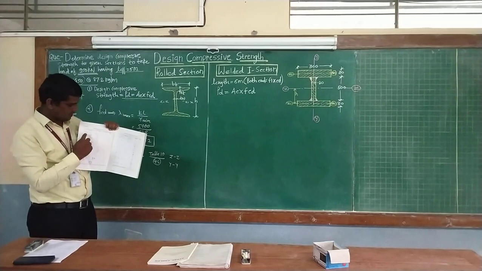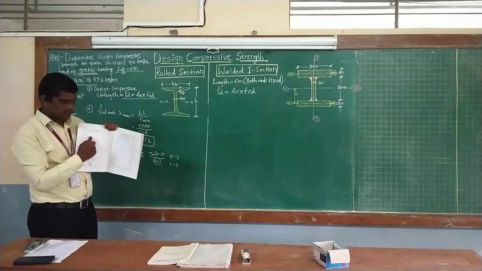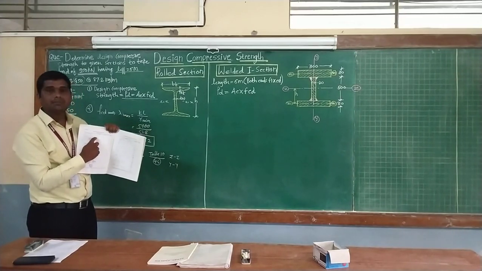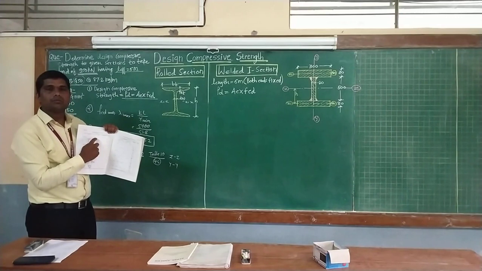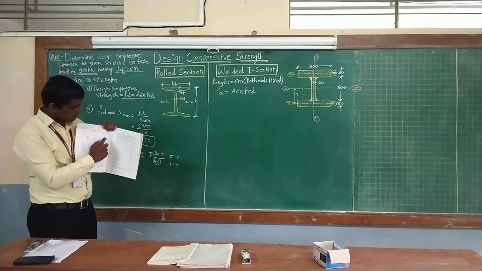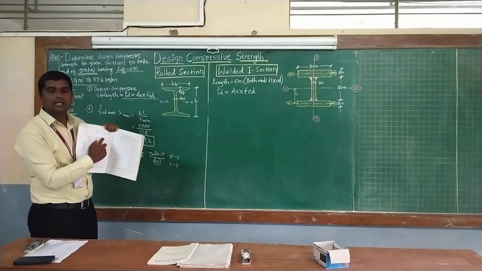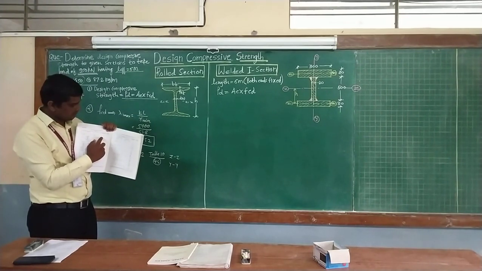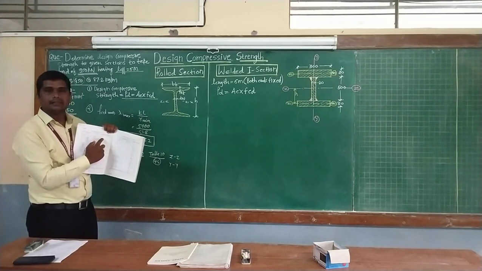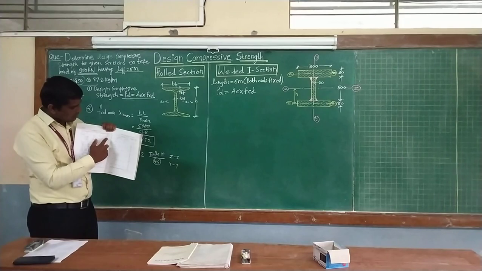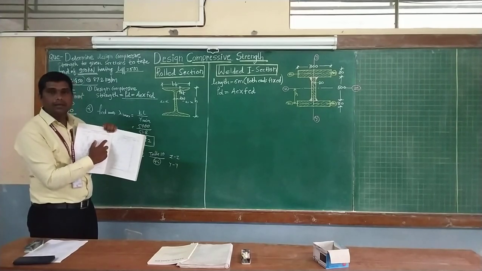Go through the first one, rolled steel I section. The first ratio is h by bf. This ratio must be greater than 1.2.